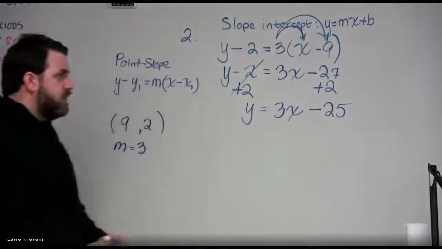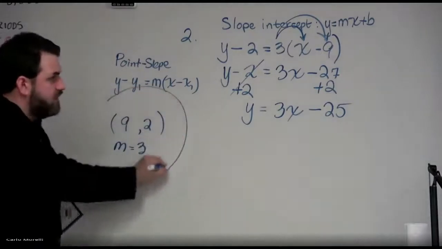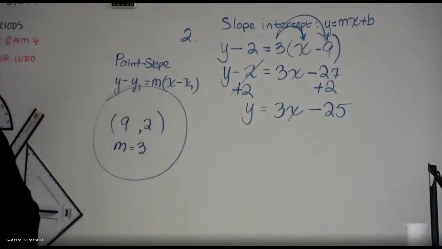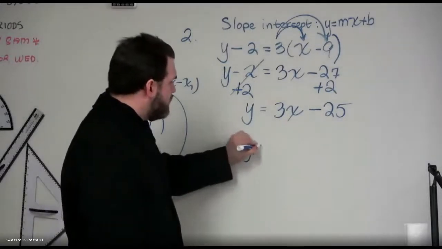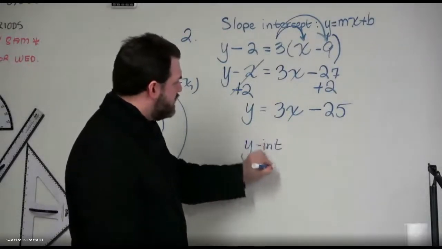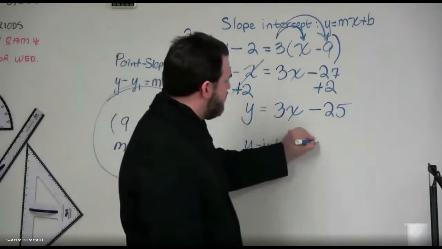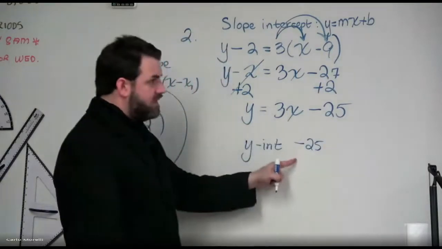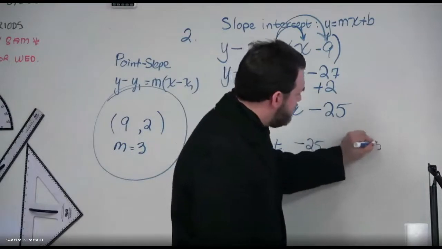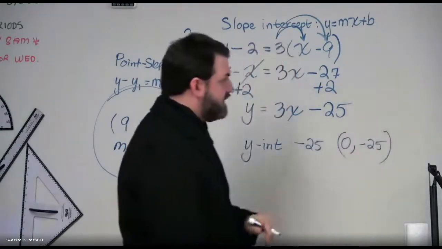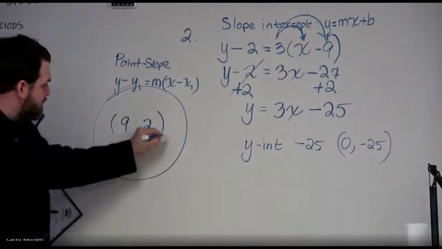So just so you understand, we were able to extract this information from the original problem, but now we know something else. We know that the y-intercept is at negative 25, okay? Which means the y-intercept is at the point 0, comma, negative 25. And if you pay close attention, you now have 2 points.